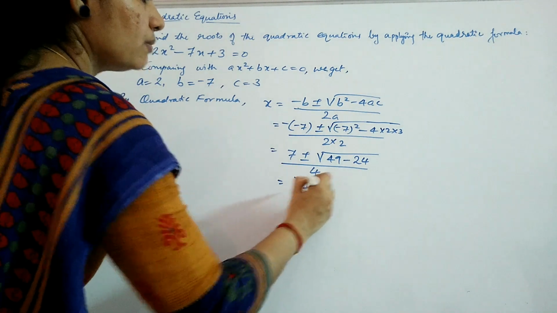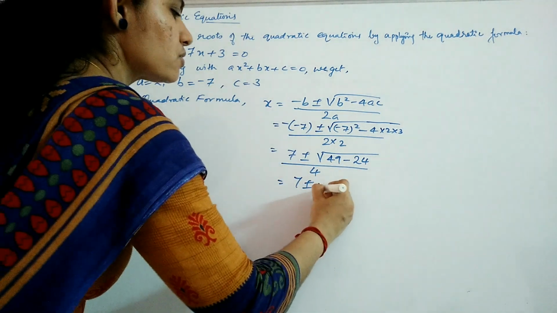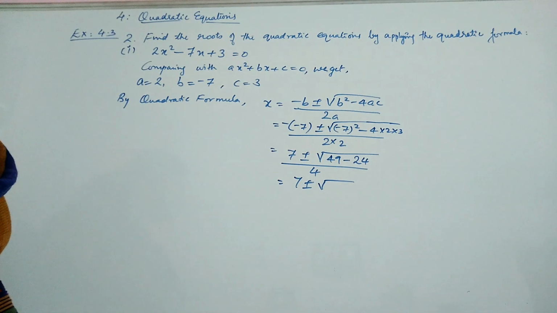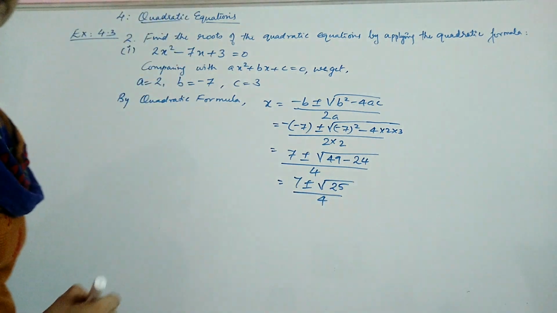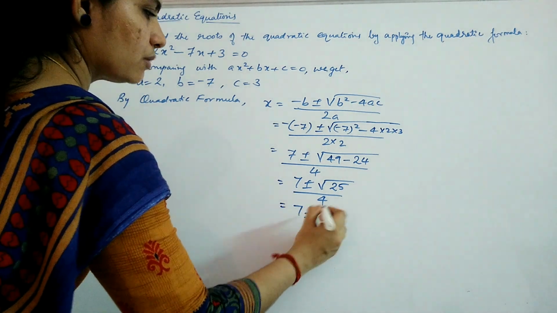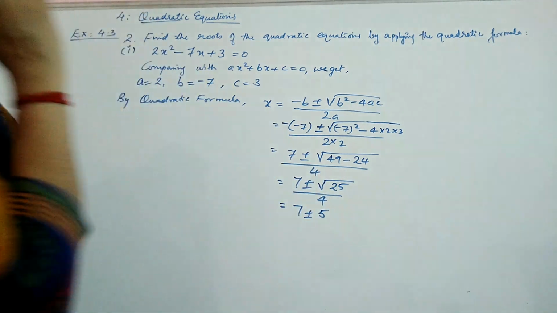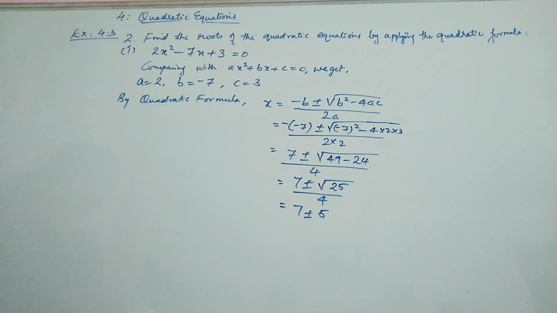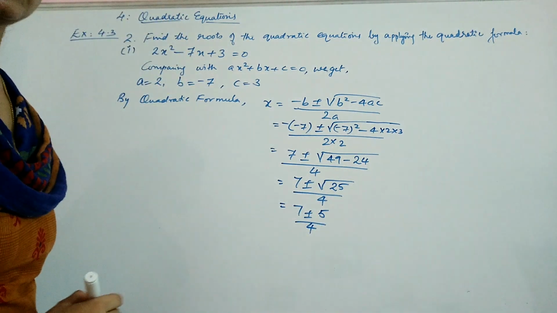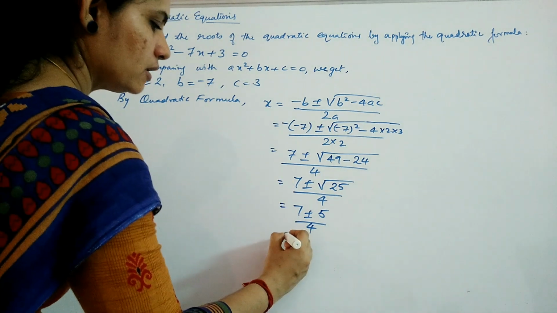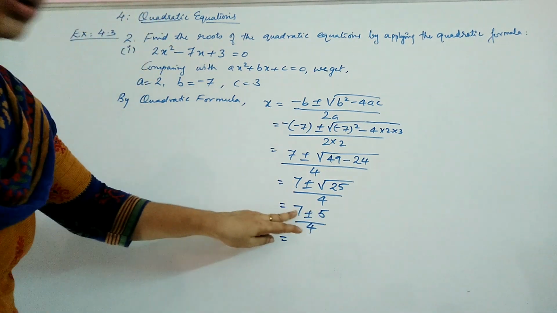So 7 plus or minus, inside the root you will get 49 minus 24, which gives you 25, divided by 4, which is equal to 7 plus or minus root 25 divided by 4. You will take only the positive sign for the root value because you already have plus or minus there. So you are getting two values here.